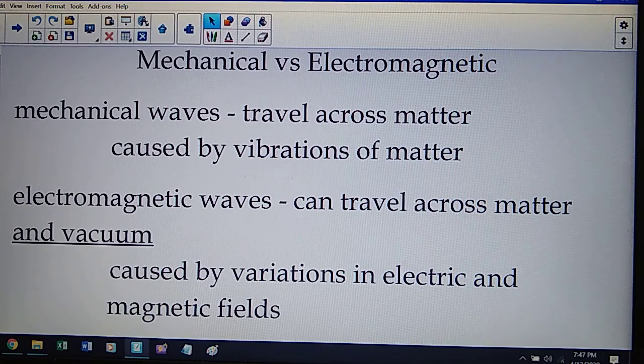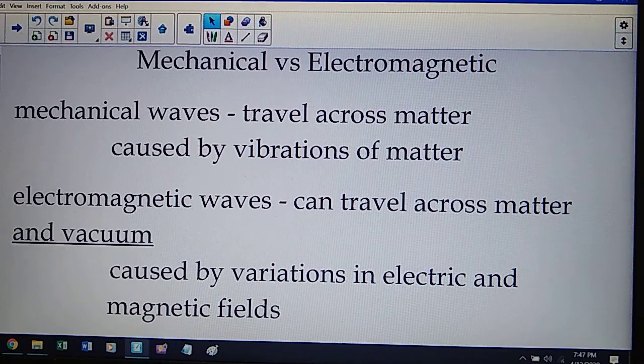Two other types of waves are mechanical and electromagnetic. Mechanical waves are the waves that have to travel across matter. These are most waves. A vibration of matter, say the vibration of water particles or people in a stadium, or air particles, are mechanical waves.